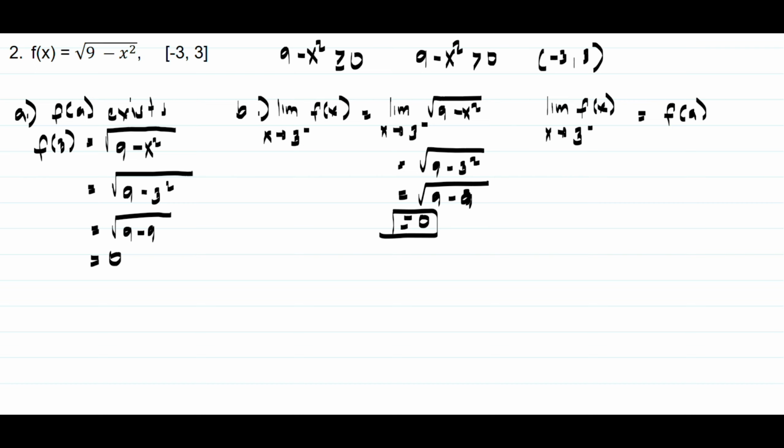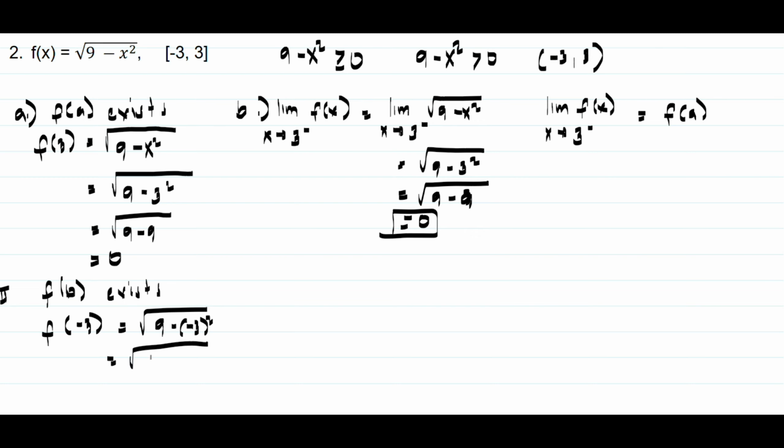And then on the second one, let us check that f of b exists. So let us have f of negative 3. So this is 9 minus negative 3 squared. This will give us 9 minus 9, and that is 0. And then let us have the limit of f of x as x approaches negative 3 from the right.